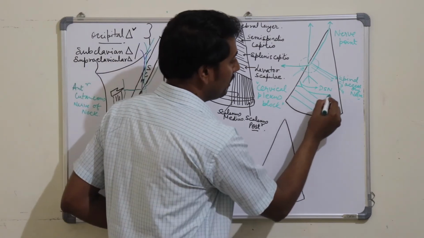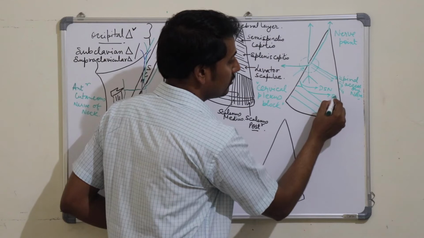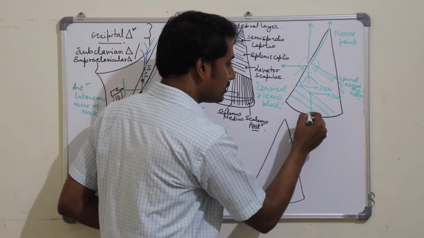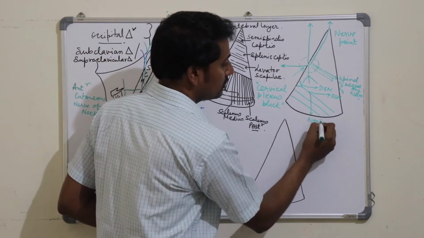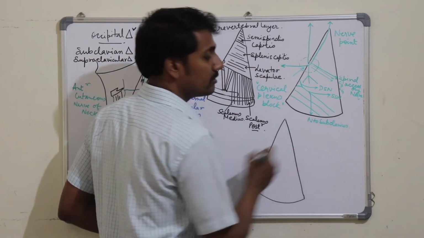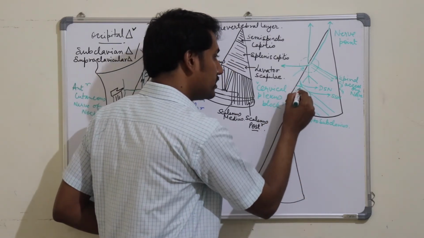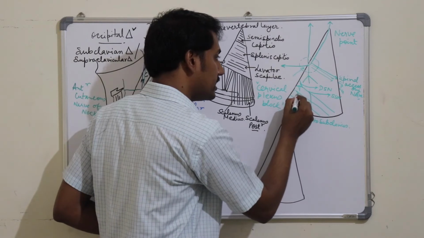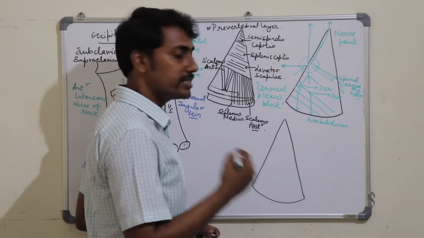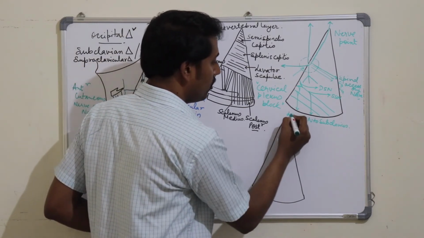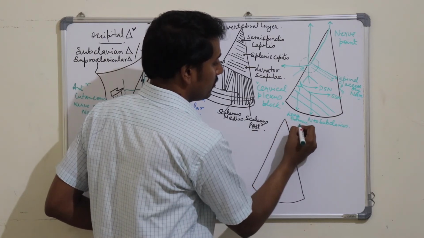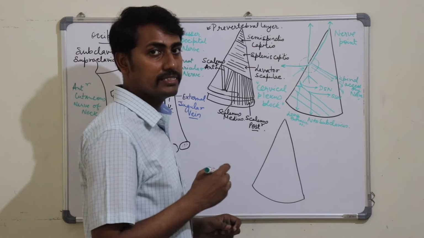The suprascapular nerve, nerve to subclavius, and arising from the roots of C5, C6 and C7 is the long thoracic nerve, or nerve to serratus anterior. So this was the long thoracic nerve, or the nerve to serratus anterior.